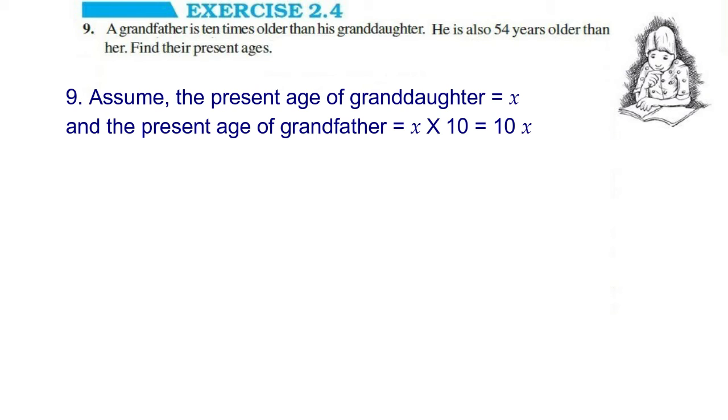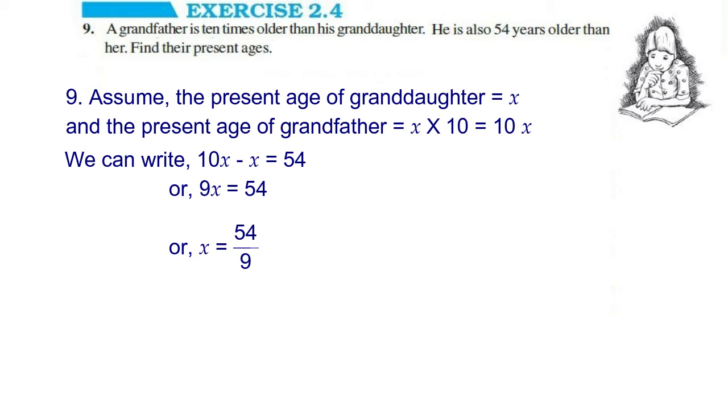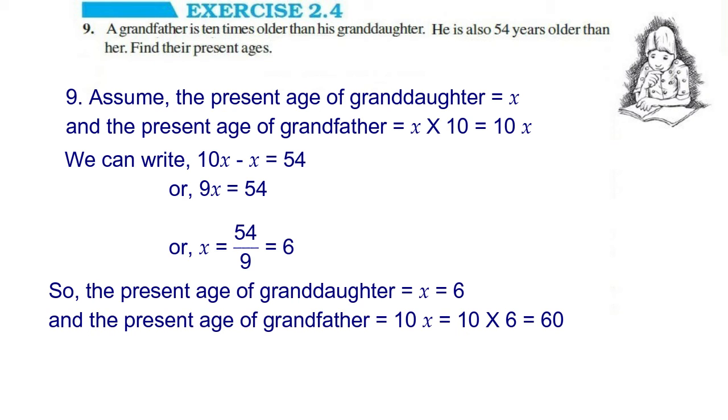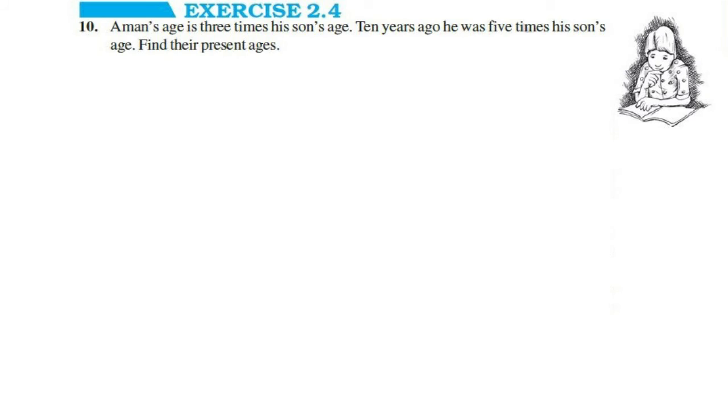So we can write an equation 10x minus x equal to 54, because the grandfather is also 54 years older than his granddaughter. So after calculating the equation we get x equal to 6. Therefore the age of the granddaughter is equal to 6 and the grandfather is equal to 10x, means 6 into 10, is equal to 60.